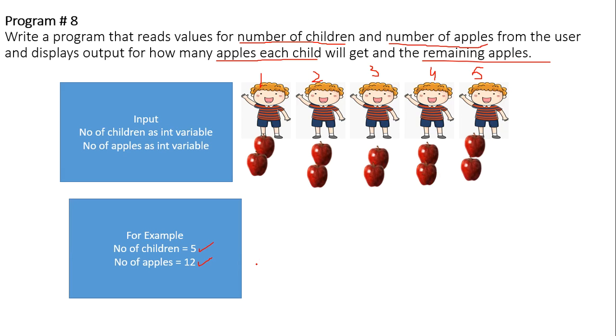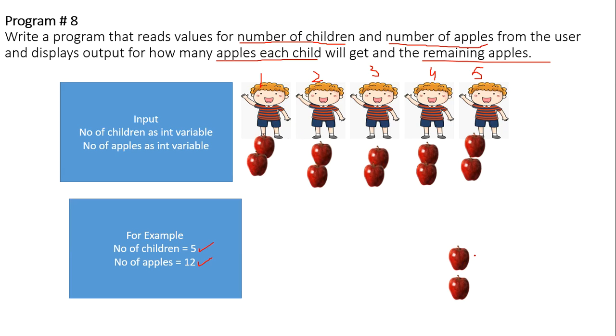Each child has got 2 apples, and the remaining 2 are left over, because we want to divide equally among these children. We want to divide an equal number of apples among these students.